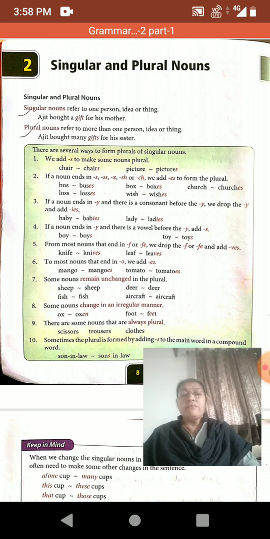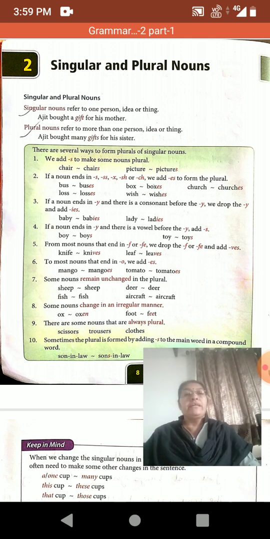So here they gave the rule, ends with y, so we convert y into i and add es. Baby, babies, lady, ladies. We convert Y into I and add ES, then make a plural.